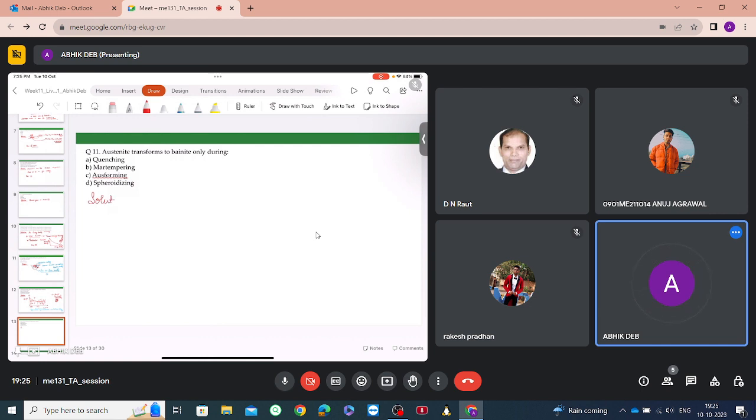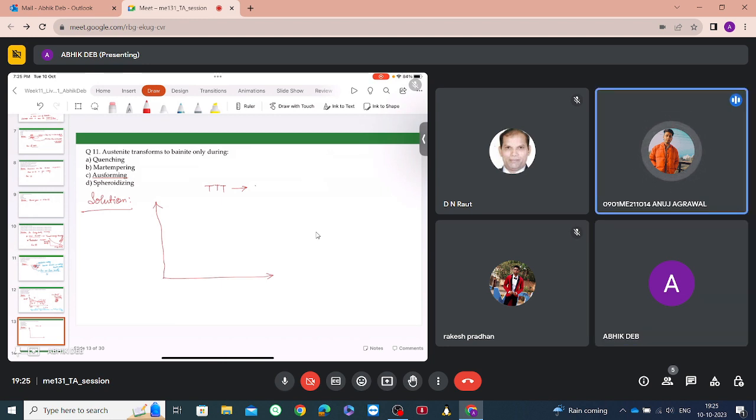So if we see the cooling diagram, let us draw the TTT diagram. First tell me what is TTT. Can anybody tell me what is TTT? Temperature transformation diagram. Then what is the third T?